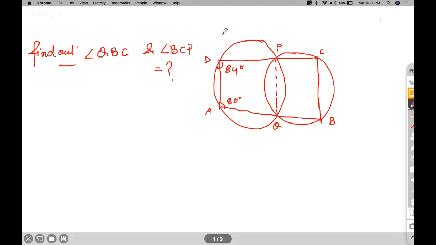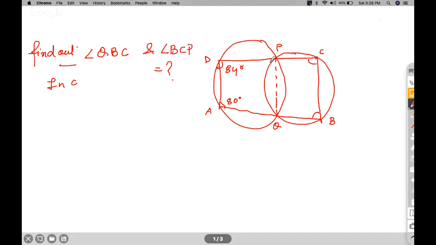Still, I'll do it. So this line PQ has been drawn. Now try to understand, if I have to find out QBC, this triangle. So first I'm trying, and then I have to find BCP. So this angle. So what I'm trying to find first, I'll finish it on this side.